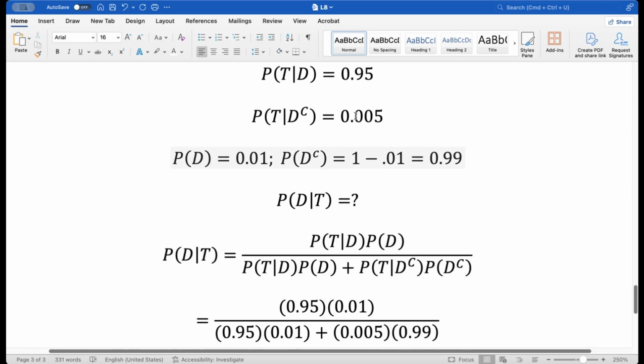All right, so let's piece it together here. Probability of T given D was 0.95. The probability of D, having the condition, was 0.01. Downstairs, we have the same term again, 0.95 times 0.01, plus the probability of T given D complement, which was 0.005, times the probability of D complement, which we calculated to be 0.99.